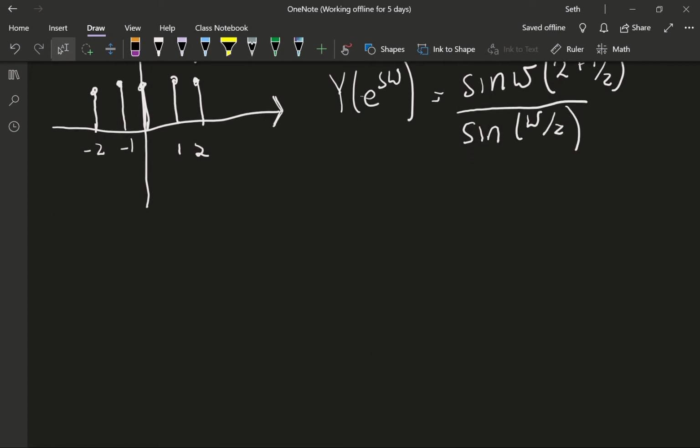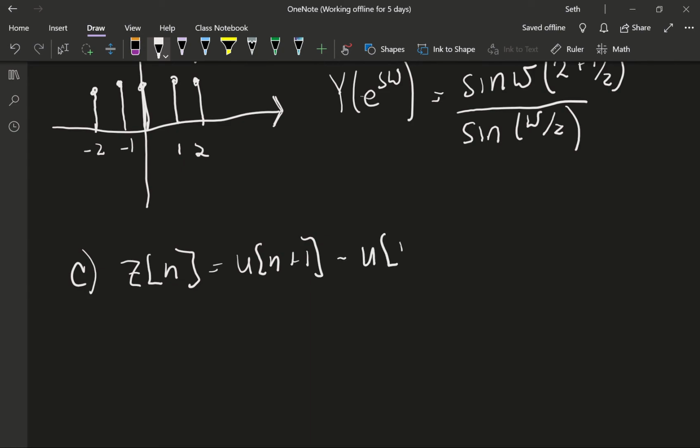Okay, so C is z of n equals u of n plus 1 minus u of n minus 4.